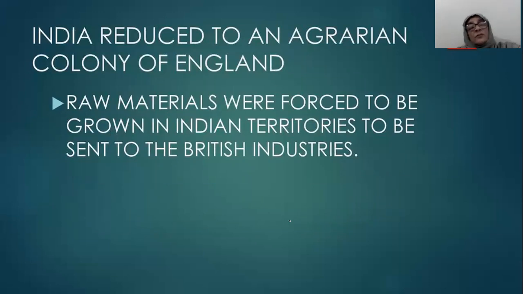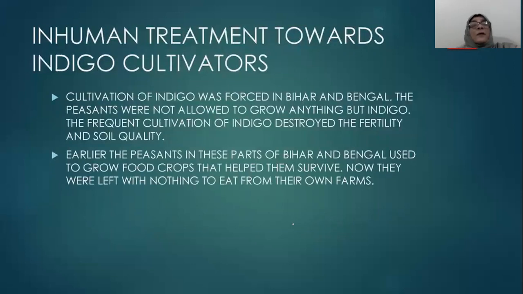Raw materials were forced to be grown in Indian territories to be sent to the British industries. Self-explanatory. Now here, cultivation of indigo. Now they were not letting us grow anything. Because we were forced to grow indigo so much, the fertility of the soil became bad.